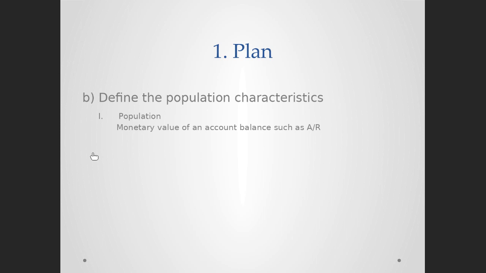So let's talk about population. The monetary value of an account balance, such as accounts receivable. When you're testing a particular balance, for example, accounts receivable or inventory or accounts payable, all the items recorded, all the numbers recorded in the accounts receivable is going to be your population.